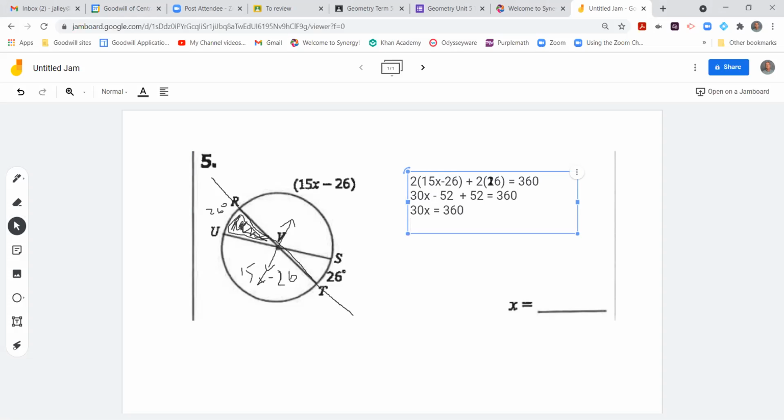Divide both sides by 30. I think that's 12. Yeah, if I chop a 0 off of both of those, I got 360 divided by 3. X equals 12.